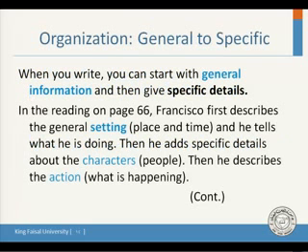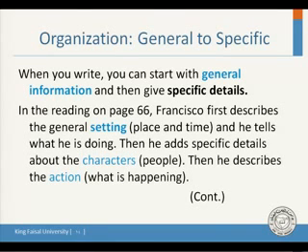more about adverbs. Now, let's move to the second section of this lecture, which is organization. And I want you to pay attention to this because you need to write and organize your writing. So, we are talking about organization from general to specific.